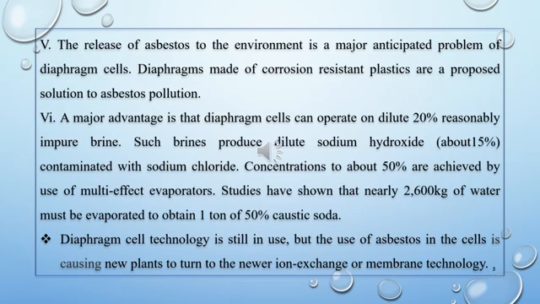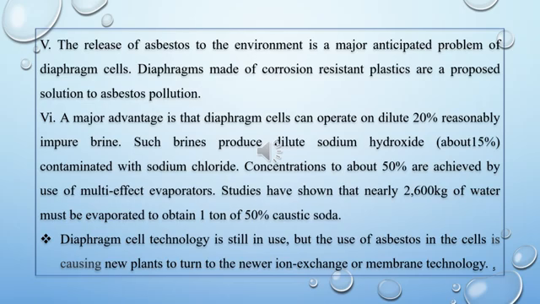Studies have shown that nearly 2600 kg of water must be evaporated to obtain 1 ton of 50% caustic soda. Diaphragm cell technology is still in use, but the use of asbestos in this cell is causing new plants to turn to the newer ion exchange or membrane technology.